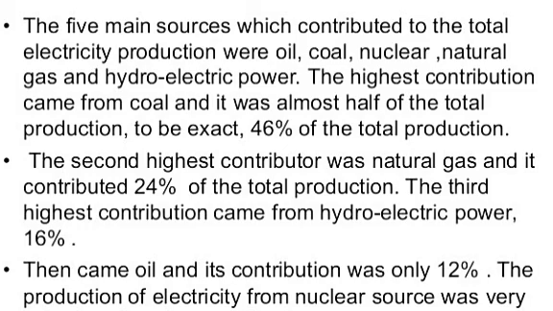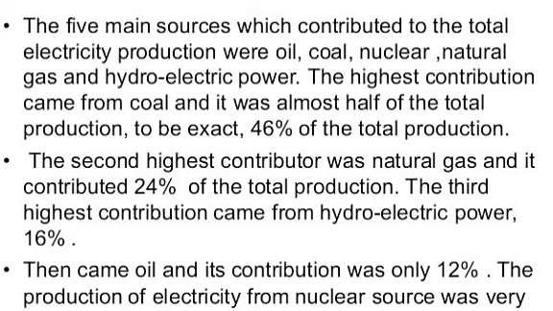5 contributors have been mentioned in this place, and now, picking them up, we will highlight their contributions. What was their contribution? The highest contribution came from coal, and it was almost half of the total production. To be exact, 46% of the total production. That means coal is the highest contributor to the total electricity production of the USA.